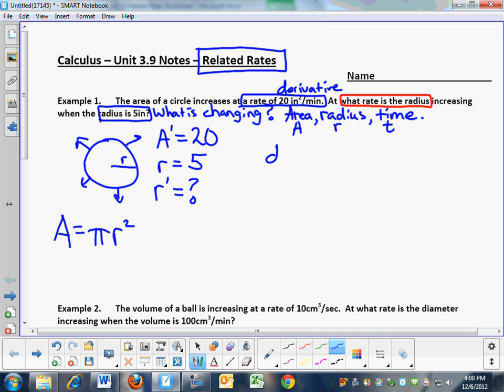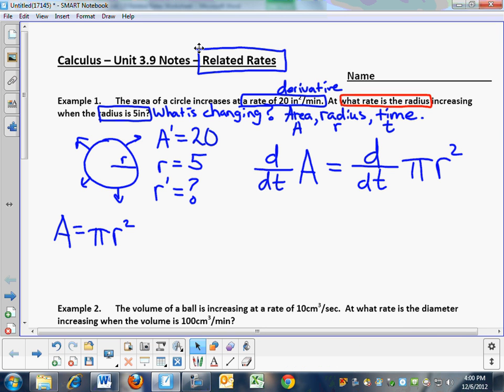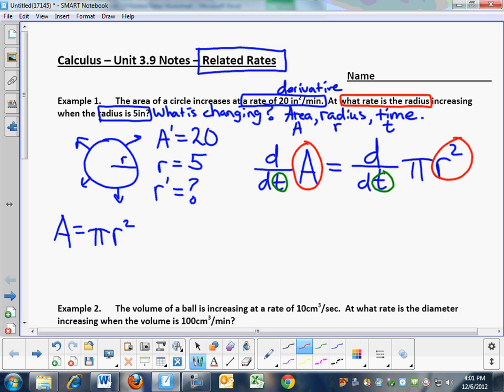If we take the derivative with respect to time, time is what's changing all of this, of A, the derivative with respect to time of pi r squared, you notice that t is not the same as A or r squared.